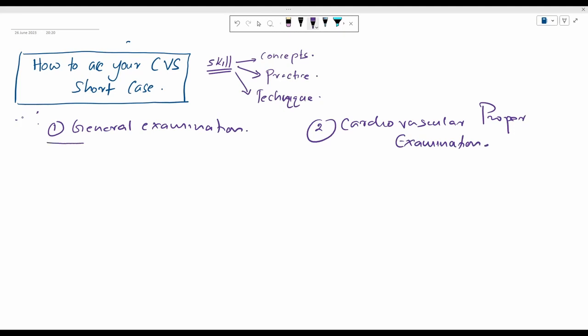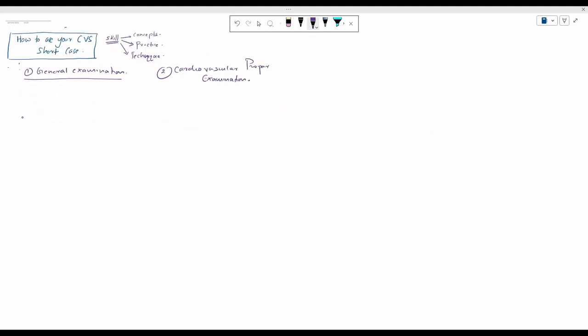Let me first talk about the general examination, right? So the first thing we need to know is what the examination routine is.